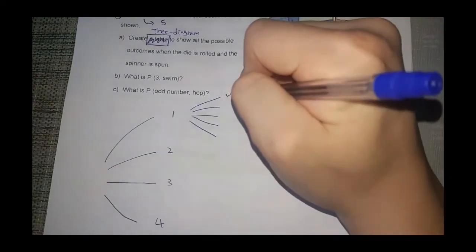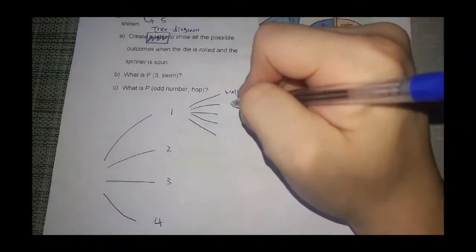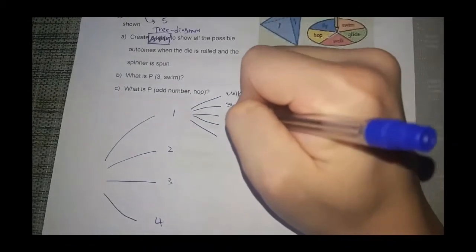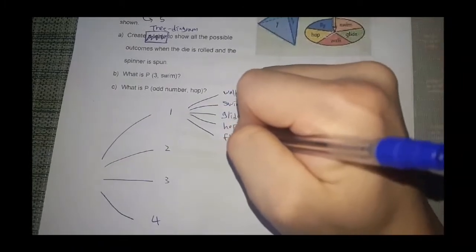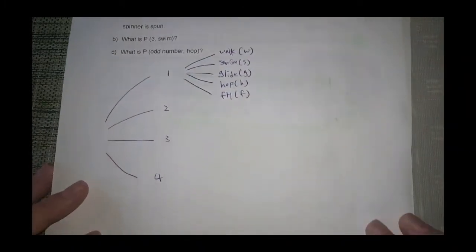I think one is walk, which I'm going to use W. Swim, which I think is S. Glide, I think that's what it is, G. And I have pretty bad handwriting. Hop, H. Last one, I think it says fly, F. So some kind of activity.